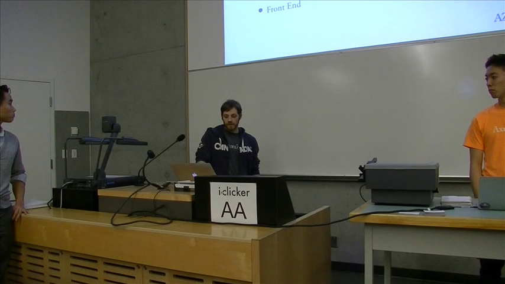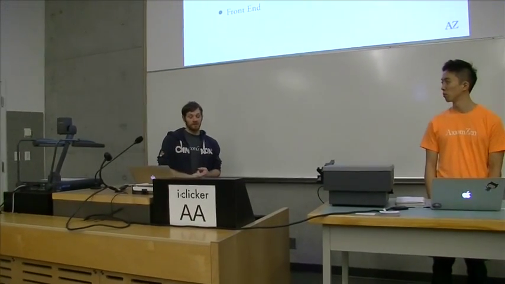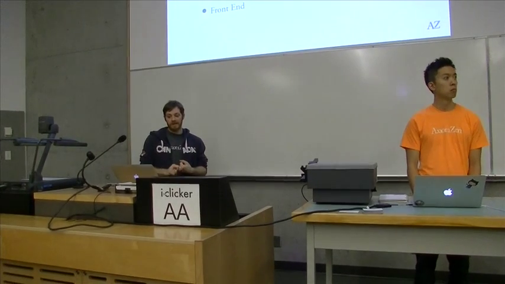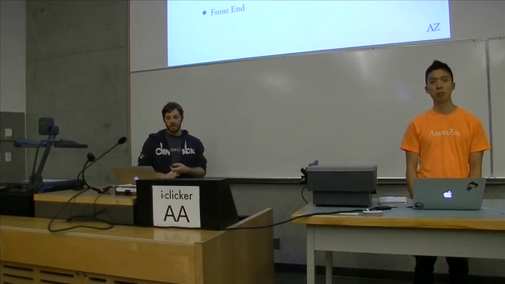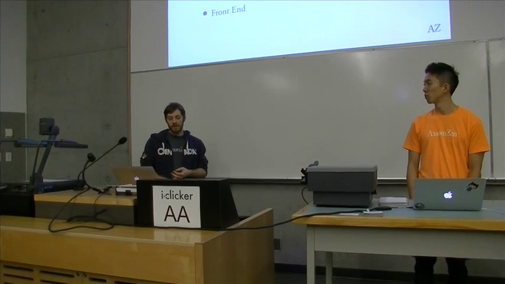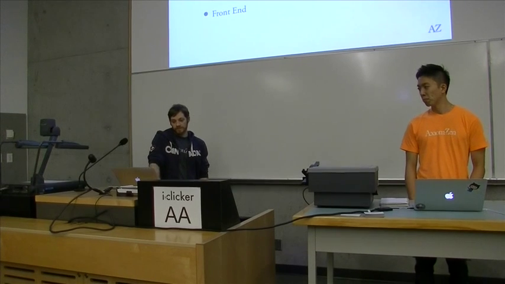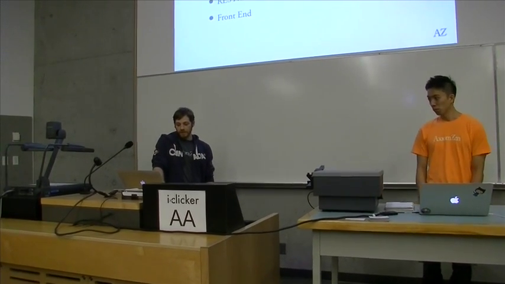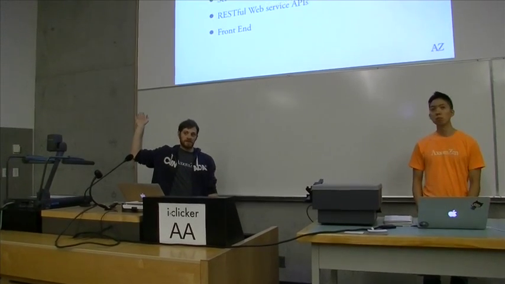So in today's world, there could be many front ends. There could be web browsers, mobile web browsers, native apps, like a native Mac app, or a native Windows app, or even a native mobile app. So you typically want to give yourself what's called an API. Who knows what an API is?